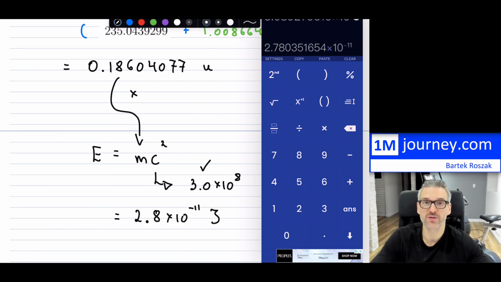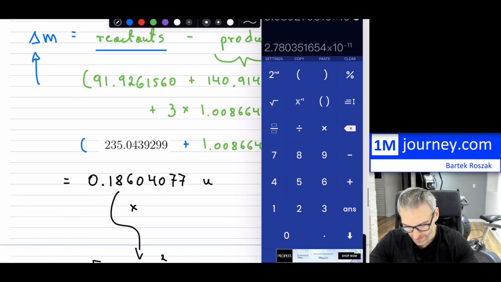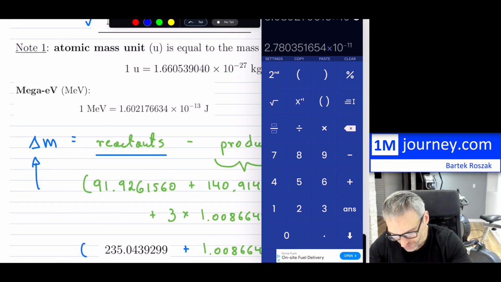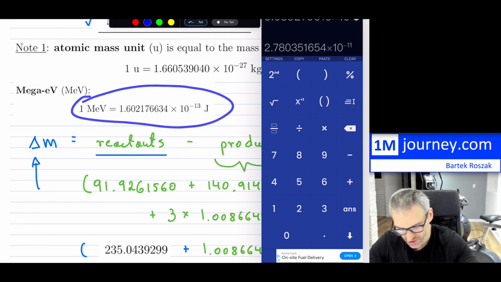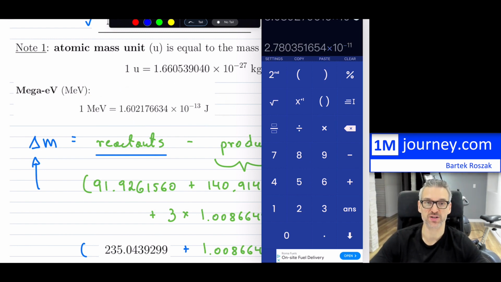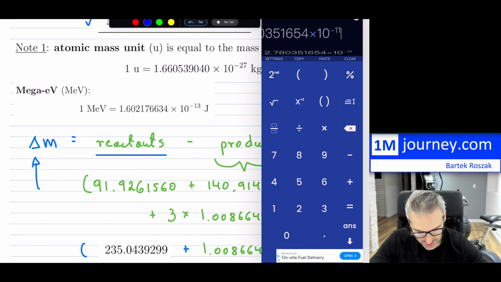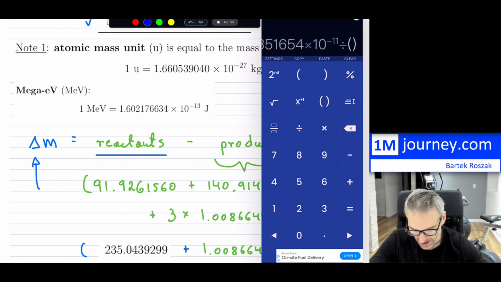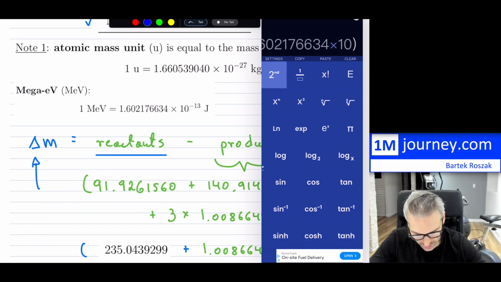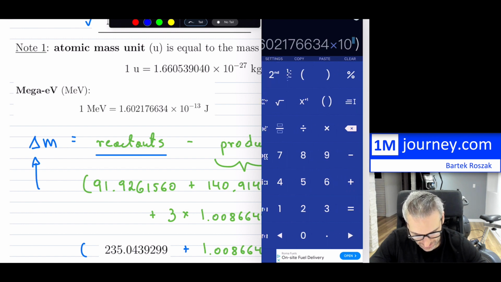This is joules. And if you want this in mega electron volts, which is a much more convenient way, especially when you're doing this on such a small scale, you can certainly do that. Take your answer and divide it by 1.6021766 times 10 to the negative 13.